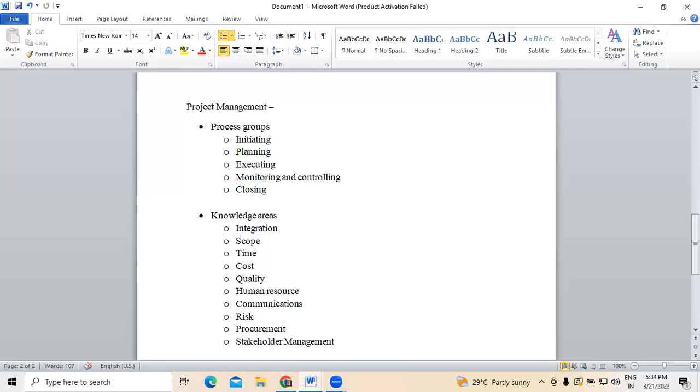Now, execution is majorly focused on understanding the deliverables of the product or project by understanding its scope. At the same time, we need to gather the work performance data.